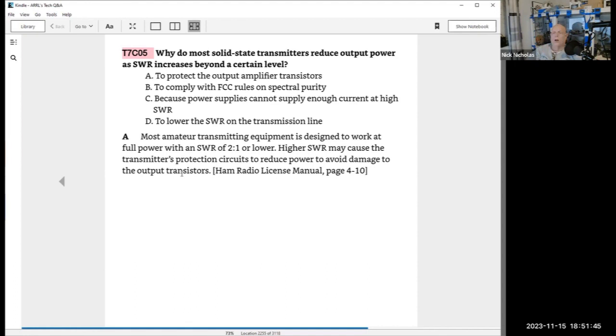But no matter what, those transistors can only take so much reverse current and you'll damage them. So they protect themselves by reducing the output power. There's a circuit that samples the SWR inside. And if the SWR is too high, it will reduce output power. And if it's really too high, you won't output at all.